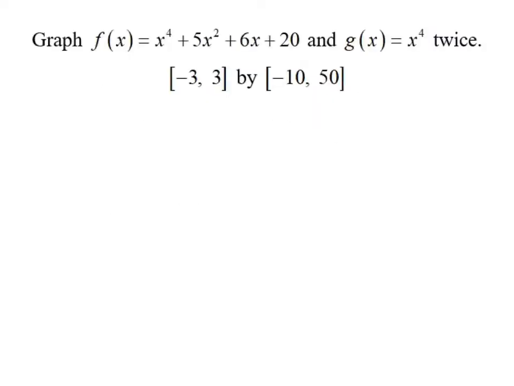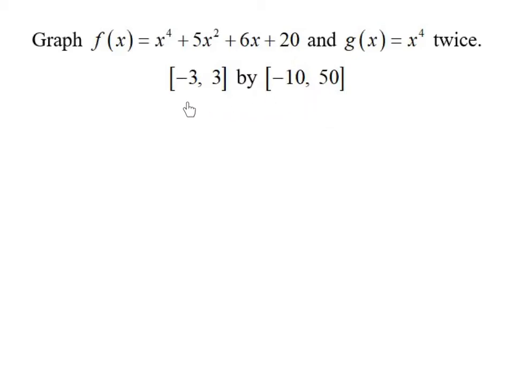So I want to give you a little bit of time to try this on your calculator. The idea is to graph two functions. You'll plug f of x in as f1 of x, and you'll plug g of x in as f2 of x. And then you're going to graph it first on this window from -3 to 3 and -10 to 50.